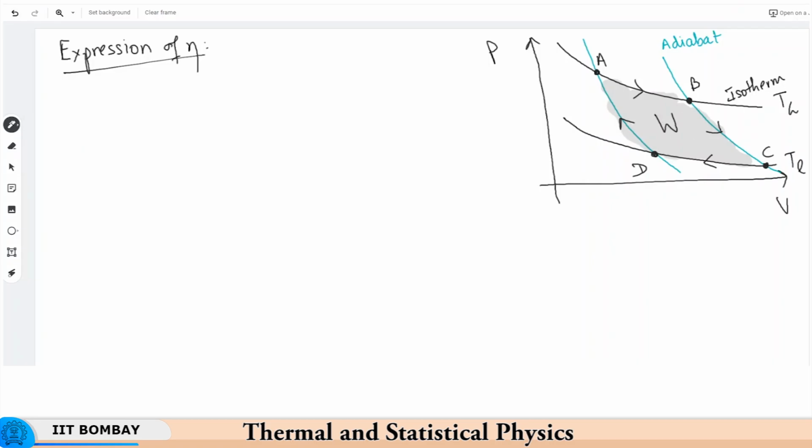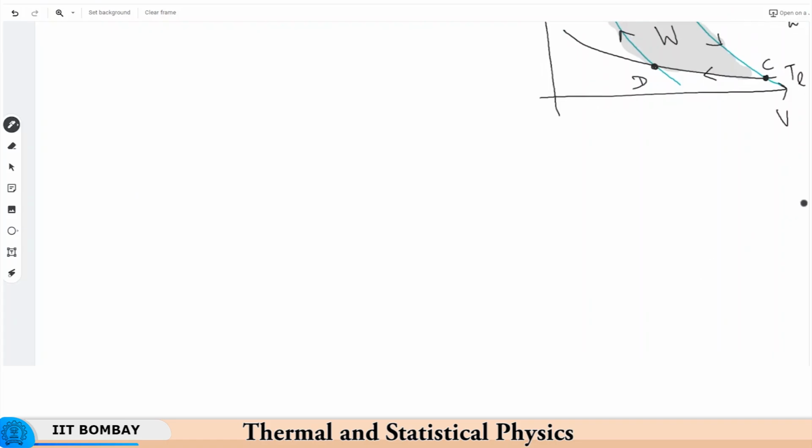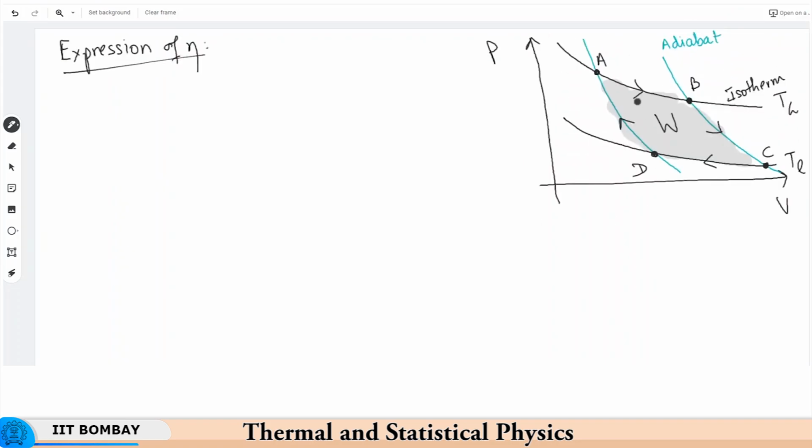All right. So let us try to understand this. I can maybe draw a schematic of this, right. Our process is divided into 4 parts. The first part is A going to B, and like I said, this is an isothermal expansion.